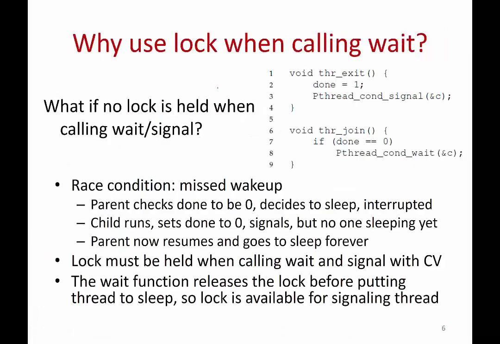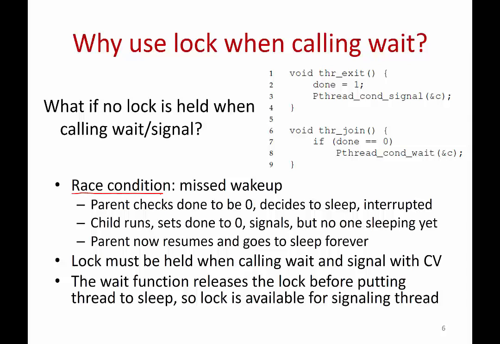So what if, for example, you just did this? The parent, if done is 0, this can also be a while loop, whatever. So check the condition and simply wait, and the child sets the condition and signals. So what happens if you don't hold a lock? Again here you can have a race condition even in this sleeping and waking up process. Why? What is the race condition?